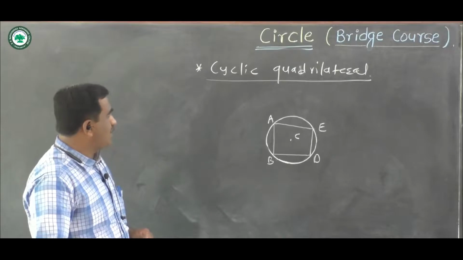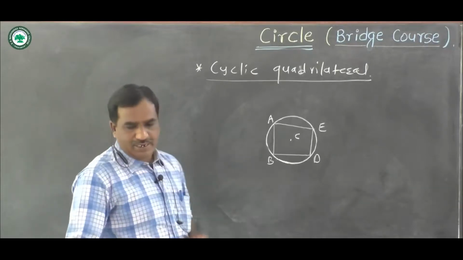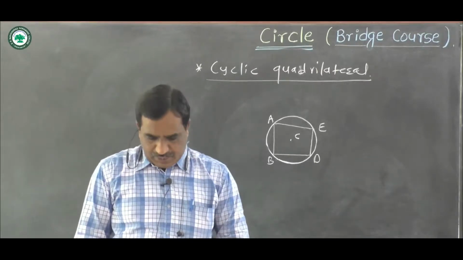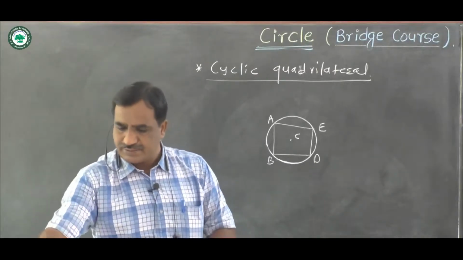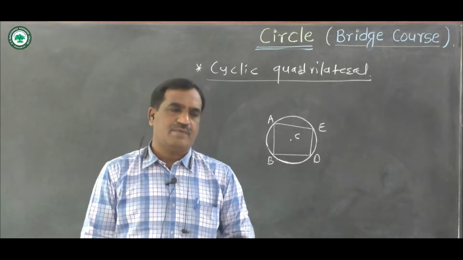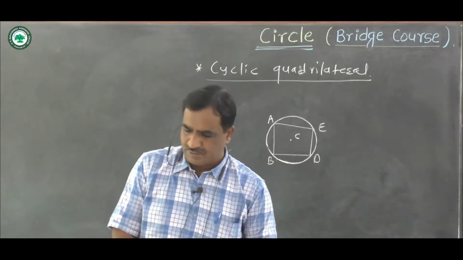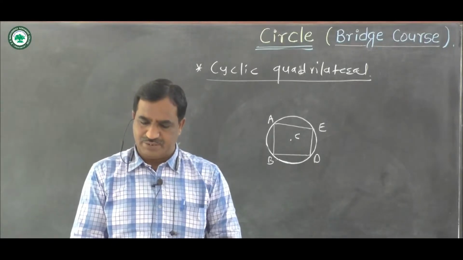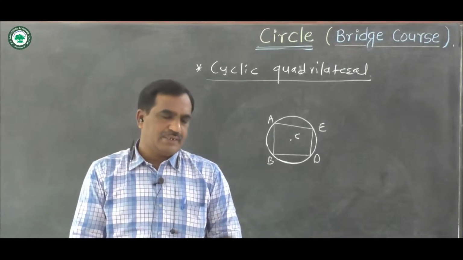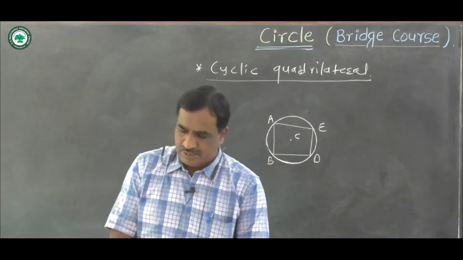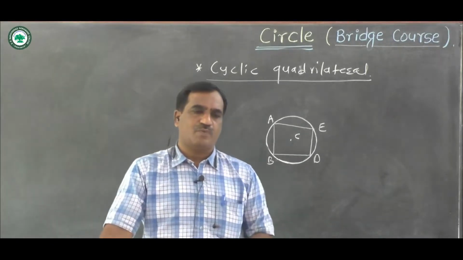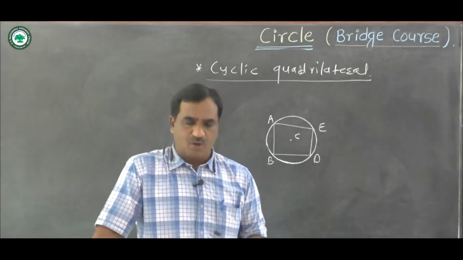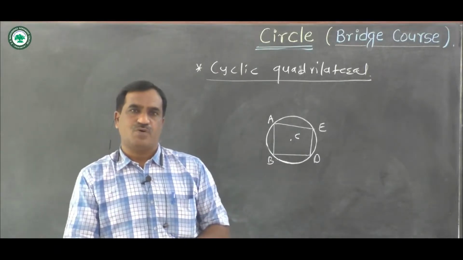Okay. Now, this is the information about a cyclic quadrilateral. Now, there are other properties in the 10th standard: the theorem of angle between tangent and secant, the converse of the theorem of angle between tangent and secant, then the theorem of internal division of chords, and one more property, the theorem of external division of chords.